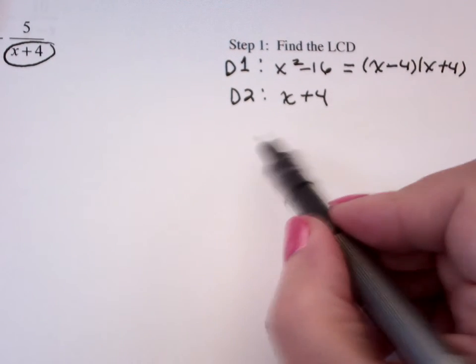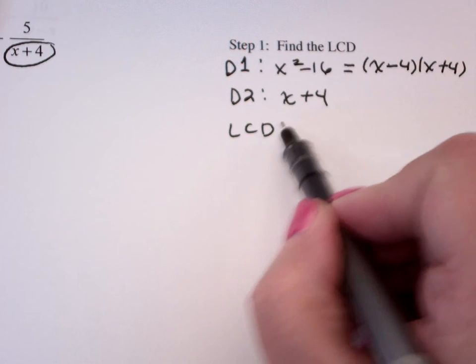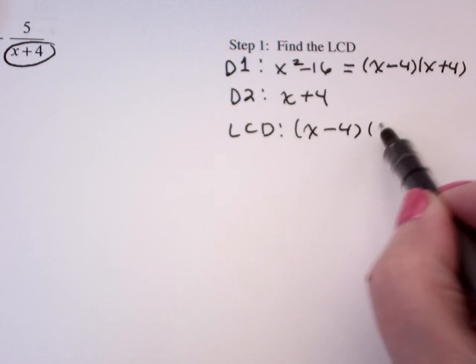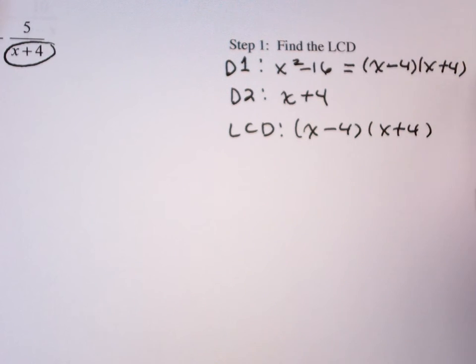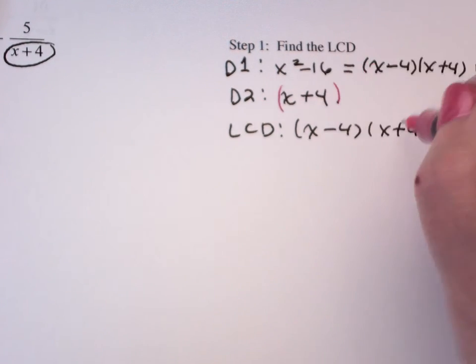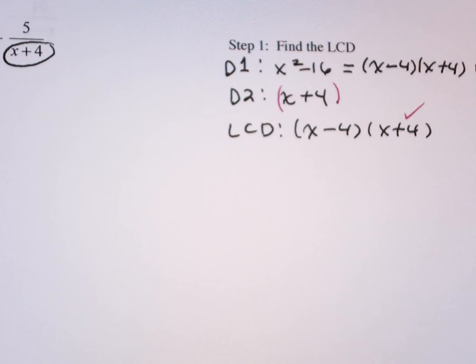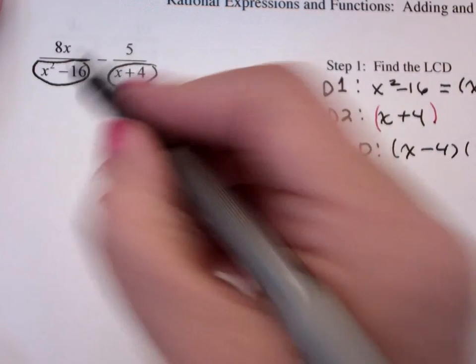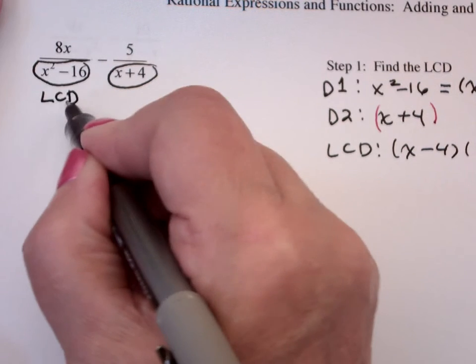So if I'm going to go after the LCD, I need an x minus 4, x plus 4. That's in there. And then I need an x plus 4. That's already there. So x minus 4, x plus 4 is the LCD. Good news is, if I take a look at my original problem, this guy already is the LCD.